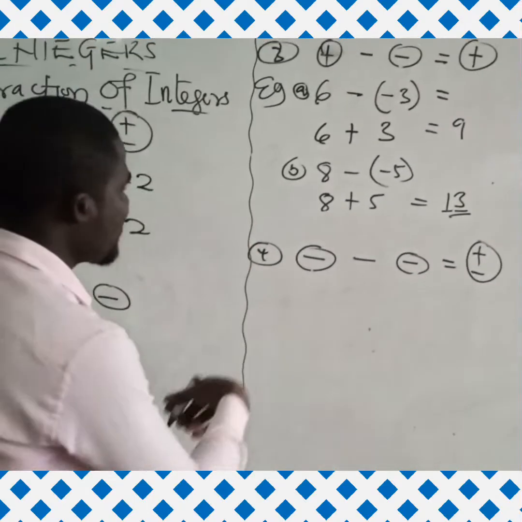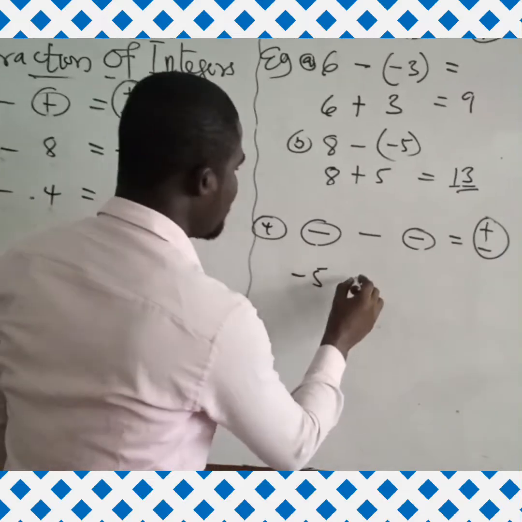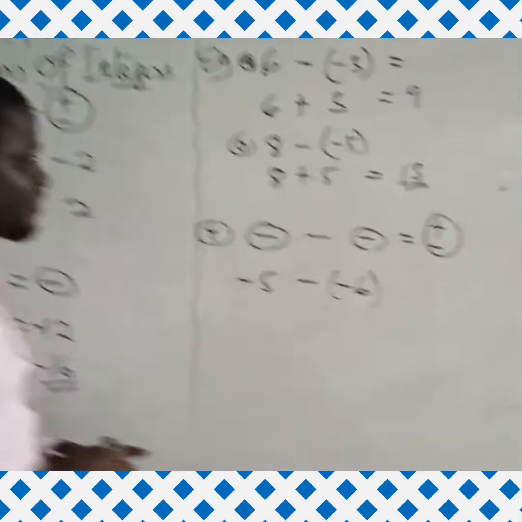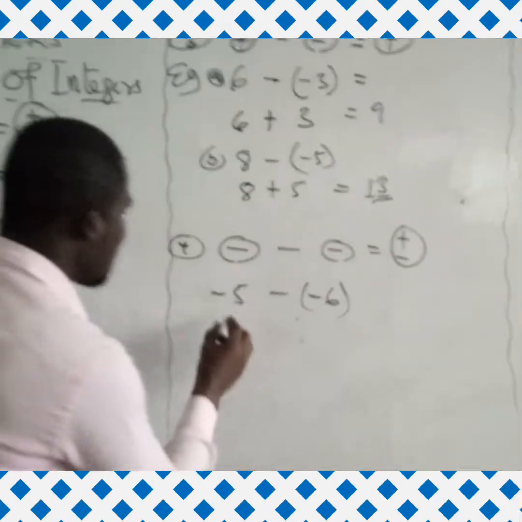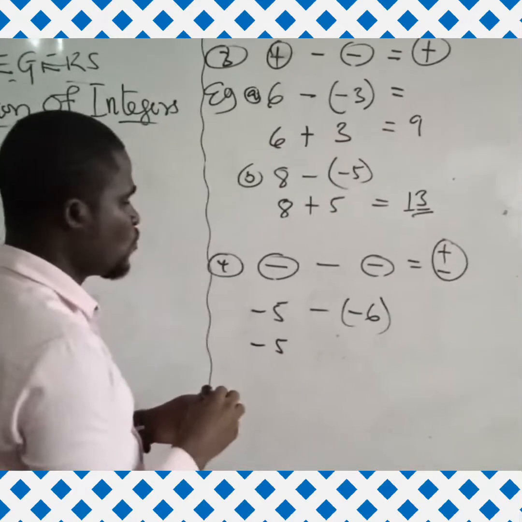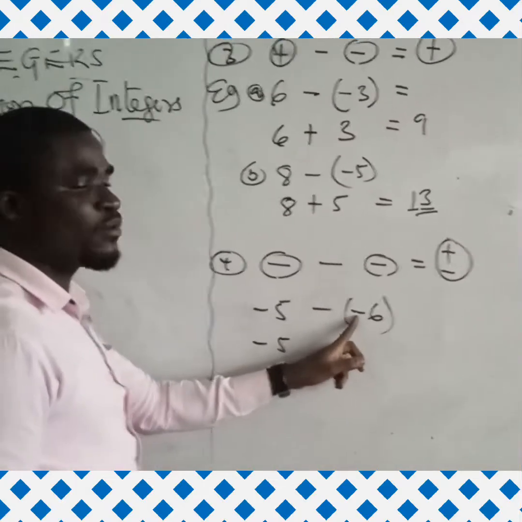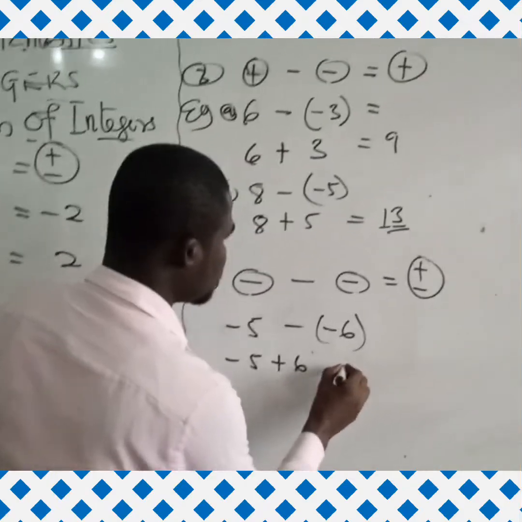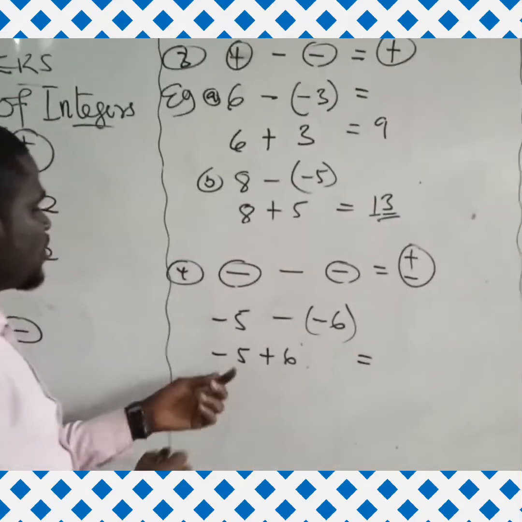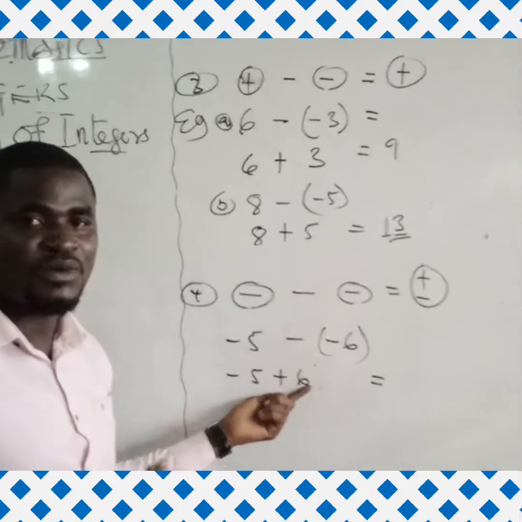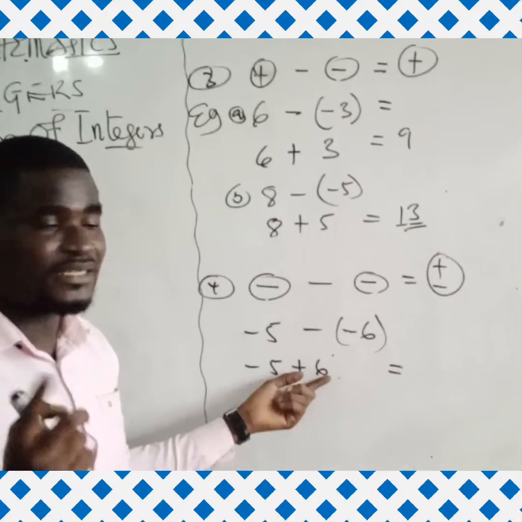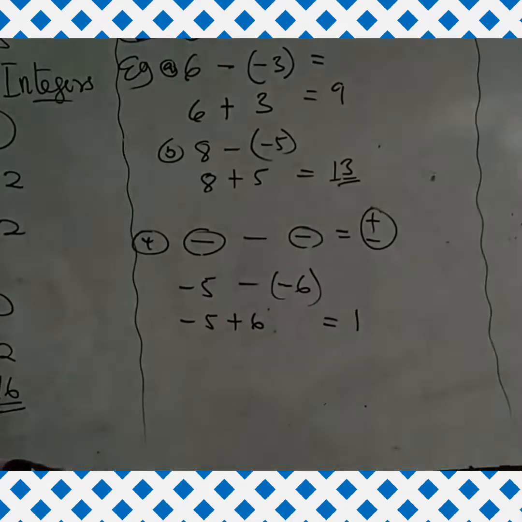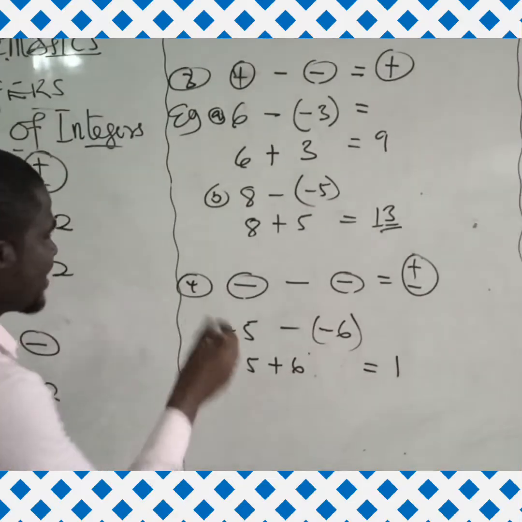If I have negative 5 minus negative 6, I have to put this one in brackets. Now I'm going to have negative 5. When two negative signs meet, the result will be positive, so plus 6. You are owing me 5, you've paid 6. What will be your profit? The profit is addition. So the answer will be 1.